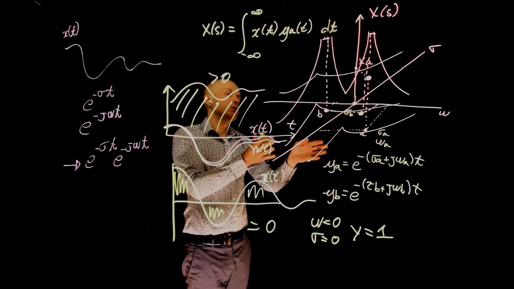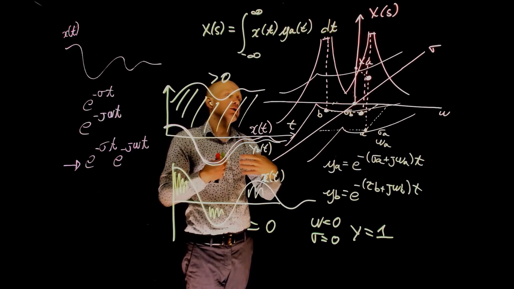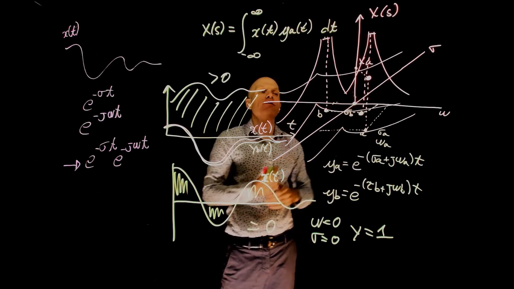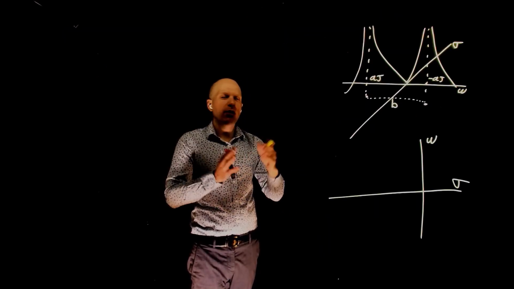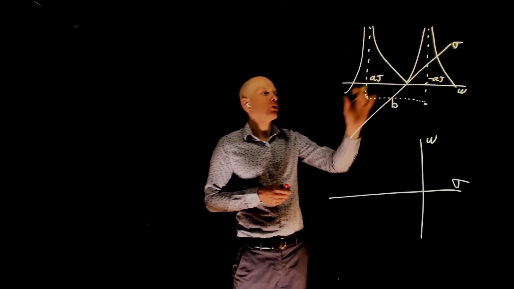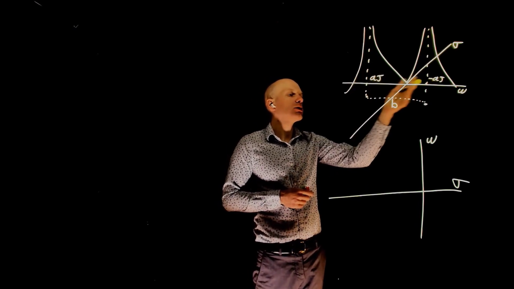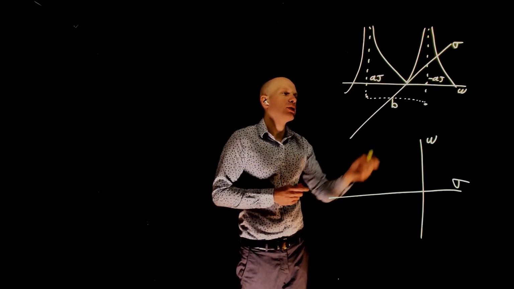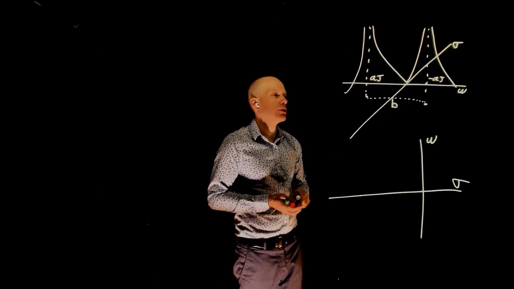Now that we have this representation, we can go back and try to find an equivalent S function that displays the same behavior. Now let's assume that after we did that calculation, we got a graph like this one. We have 2 peaks and 1 0. These peaks, we are going to call them poles, and the zeros, we are going to call them zeros.